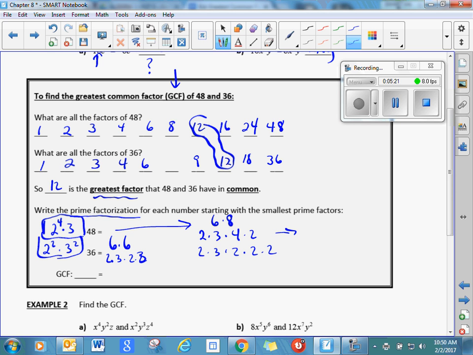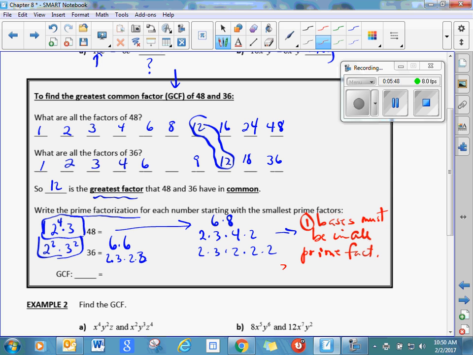So now when I'm doing the GCF, all I care about is what is inside these boxes. All this other work is off to the side. That's all well and good. But now to find the GCF, two things. They must have a common base. So the base must be in all of the prime factorization boxes.